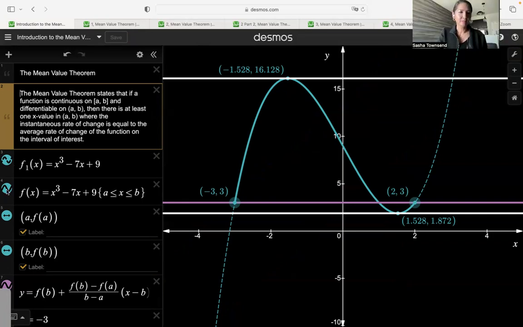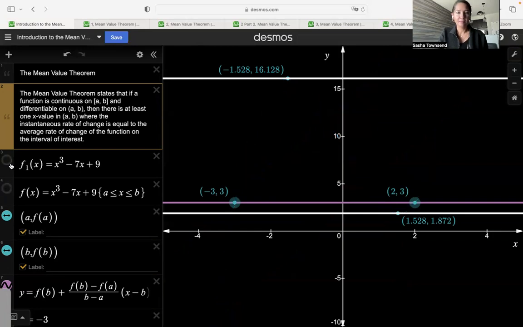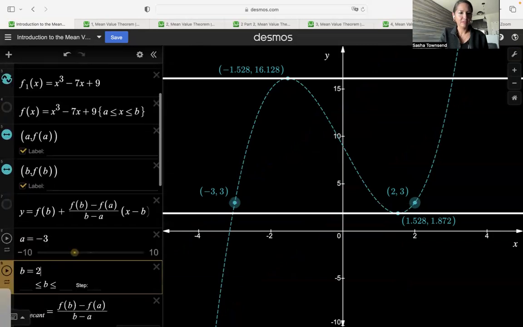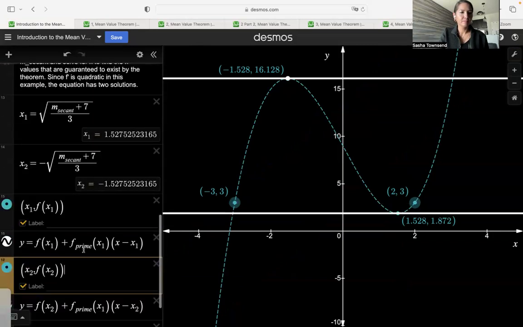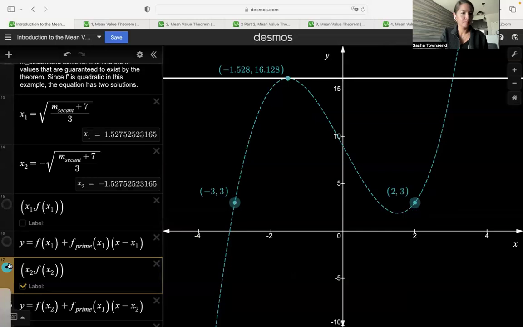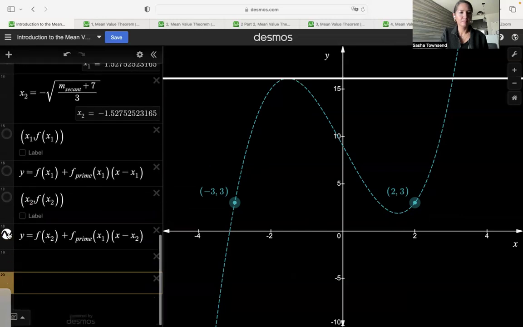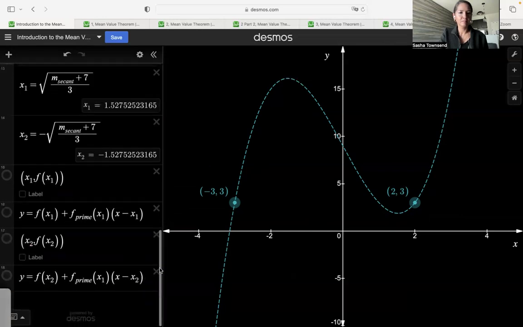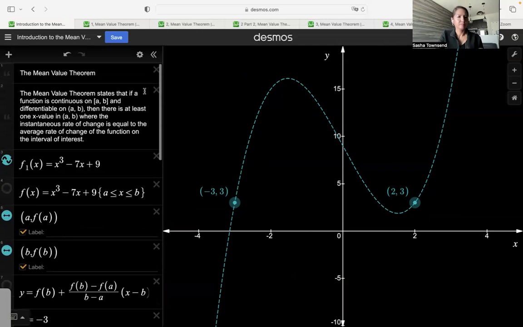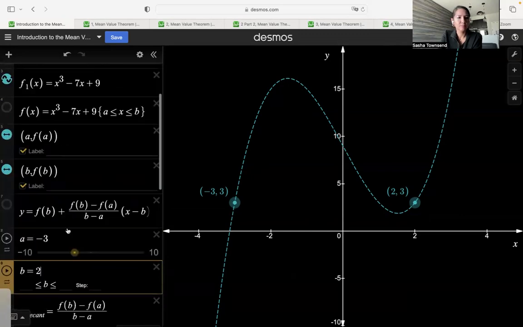So here's our function. Got all of these already graphed. And if we're interested in this function on the interval from -3 to 2, we have a Rolle's theorem problem.